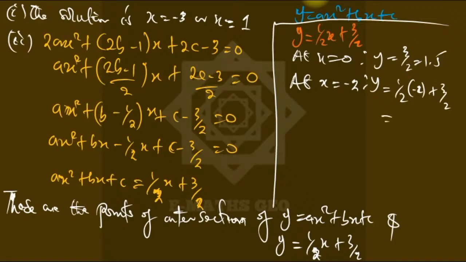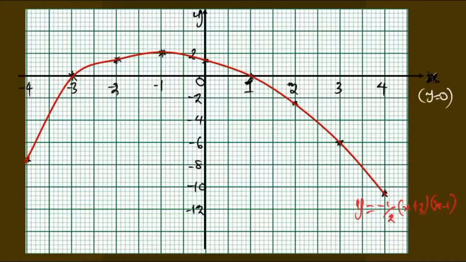This is minus 1 plus 3 over 2, so minus 1 plus 1 and a half, which leaves us with a half, which is 0.5. Yes, it's accommodated there, 0.5 is there.